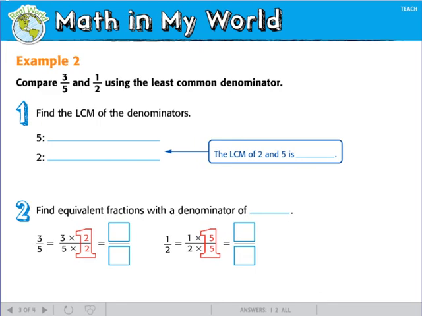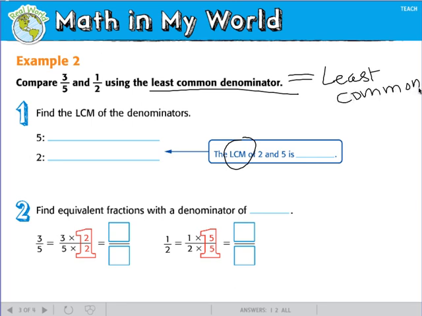Alright, example number 2. We're going to compare 3/5 and 1/2 using the least common denominator. That's what we just did. Least common denominator, least common multiple. Same thing. Least common denominator equals least common multiple, or LCM.